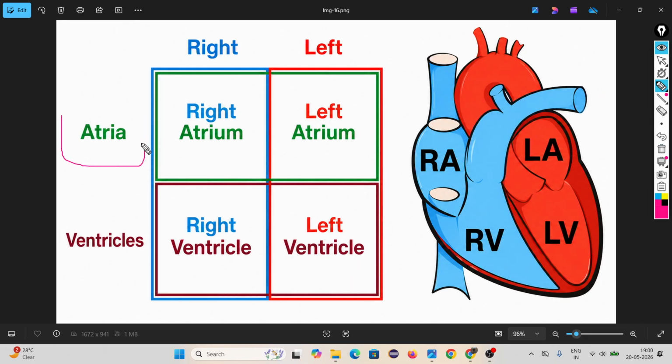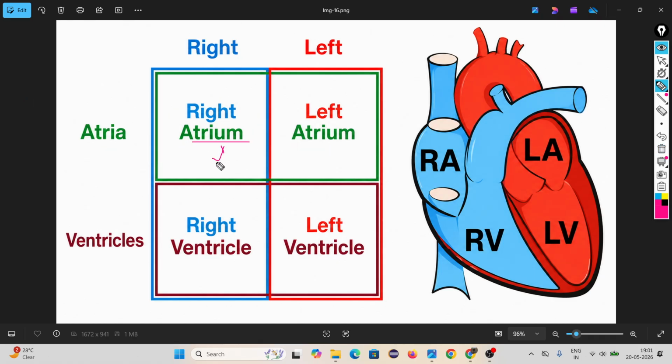How many chambers does our heart have? Four chambers. The upper two are called atria.